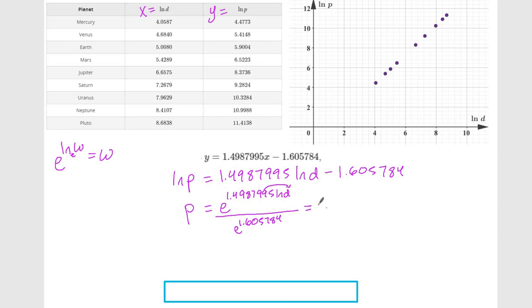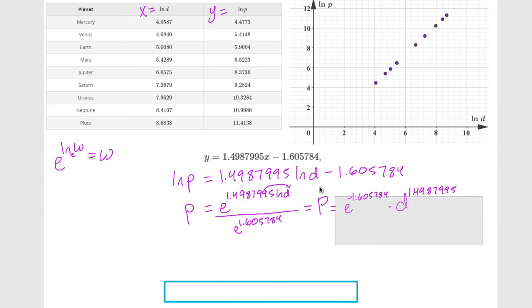So what I've really got, if I rewrite this, is e to the negative 1.605784 times d to the 1.49879995.